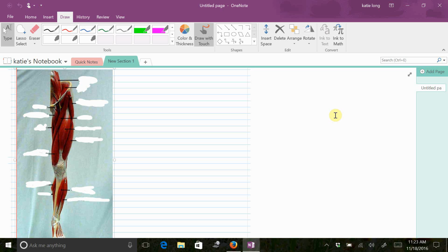So look at the image and declare what you're looking at. And then declare how you're looking at it. From what view are you looking at it? And after you do that, go ahead and try to label the muscles. After you do that, come back to the video and we'll go through these muscles where you can review your answers and note any tips that I say along the way through this tutorial.